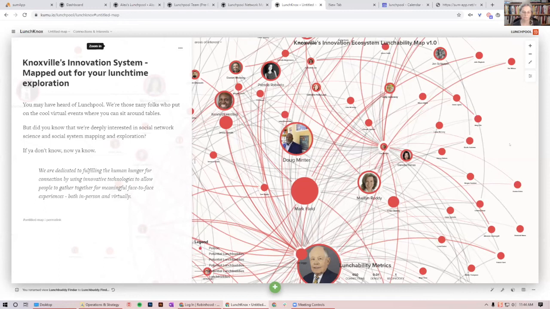And I'd say 75 to 90% of the maps that people who use sumApp create are private. So the data is only shared within the network itself. You can see everybody who's in the network, so those are the people who are seeing your data. It can't be seen beyond that, and everybody can see everybody's data.